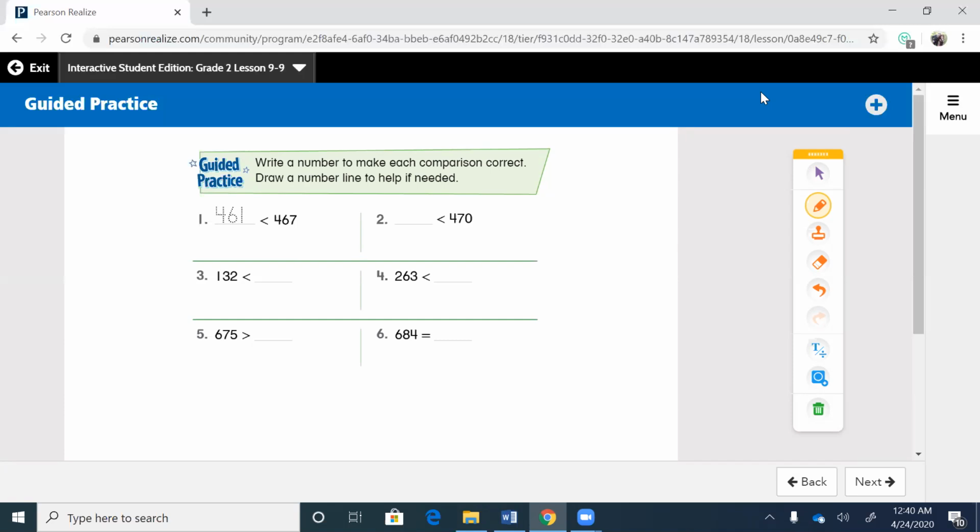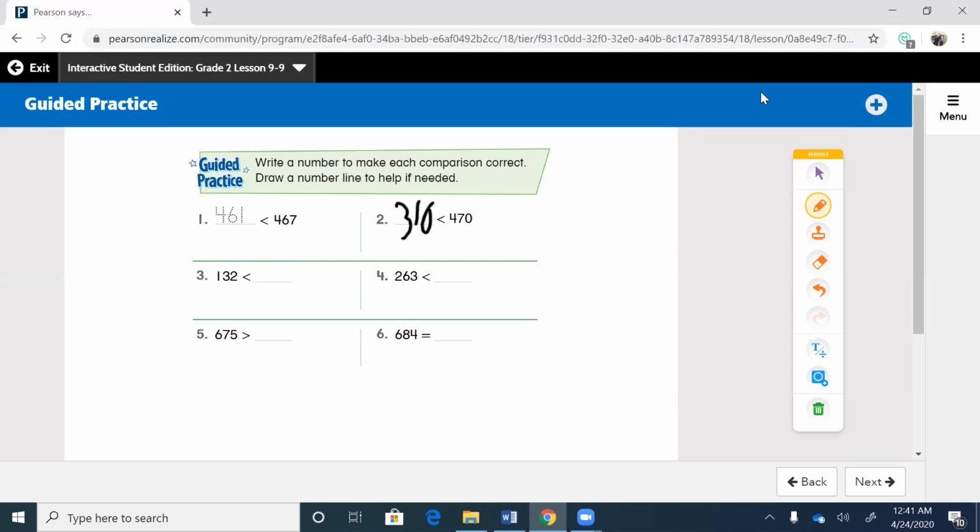So we need to find a number smaller than 470. I'm just going to pick 310, okay? So if we were reading that, it would read 310 is less than 470, okay? So your first step in solving these problems is to see which way it's going.